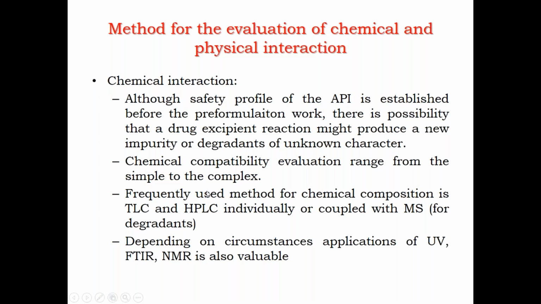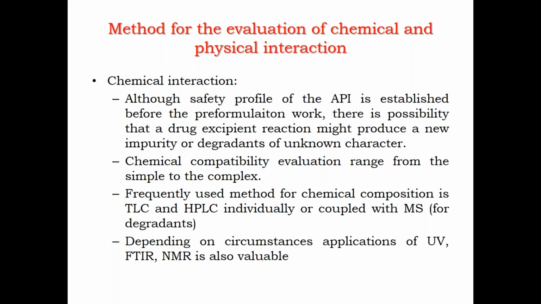So frequently we depend on analytical techniques, as we need to determine the chemical composition. One method to say whether the API is in its normal state or has been altered. Some of the techniques we can use are TLC, that is the chromatographic techniques, HPLC, and even MS, mass spectrometric techniques.